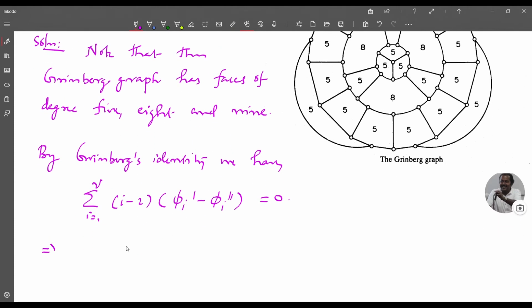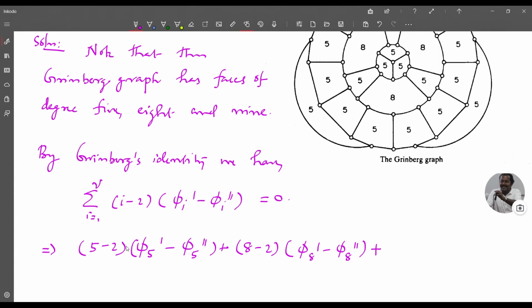So this implies (5 minus 2)(φ_5' minus φ_5'') plus, for degree 8, (8 minus 2)(φ_8' minus φ_8'') plus (9 minus 2) for faces of degree 9, (φ_9' minus φ_9''), is equal to 0.